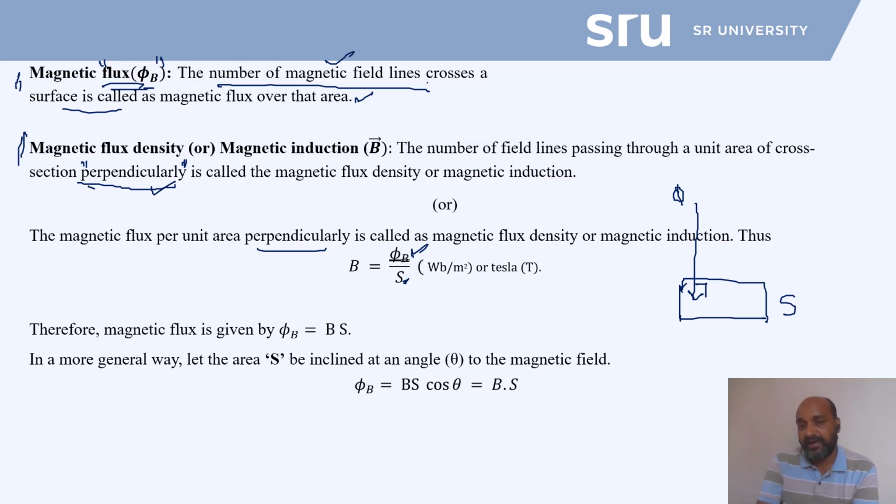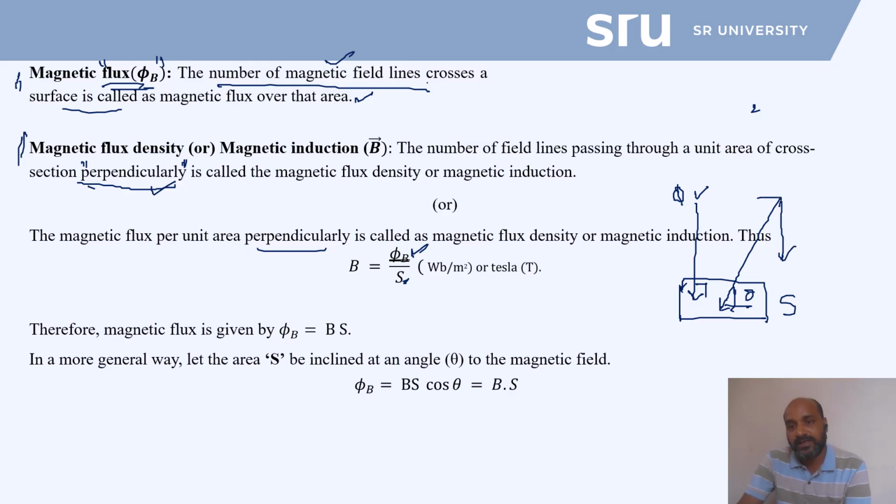But it is not mandatory that every line should pass through the surface perpendicularly. A line may also pass through that surface at an angle of theta. As per this diagram, that flux will not be the same, because this one is perfectly perpendicular to the surface but this is not. Under such a condition, we resolve that vector into two components.